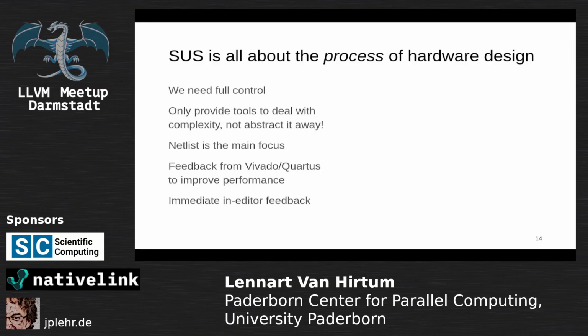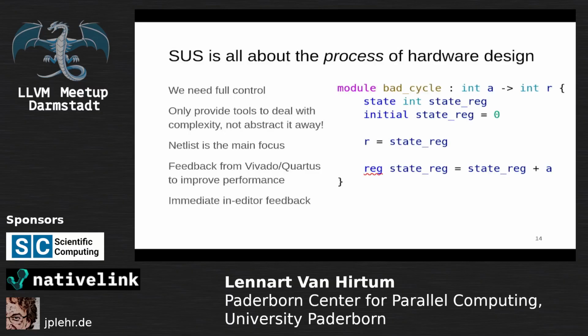With Chisel or with Spinal, you're writing Scala, and the IDE can give you great Scala-related information, but it can't really give you information related to your hardware. And so with SUS, a large part of the design is designing the language to be able to utilize modern IDEs well.